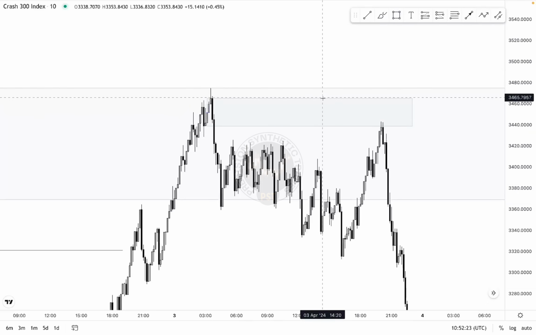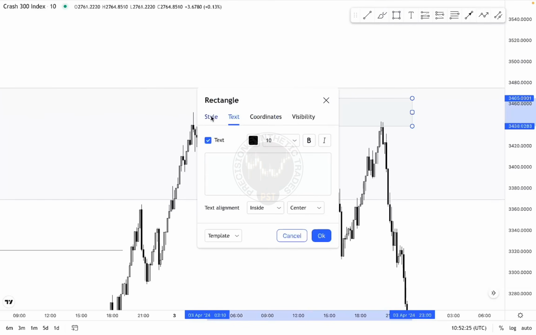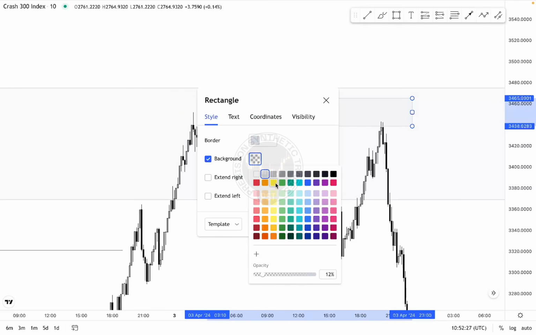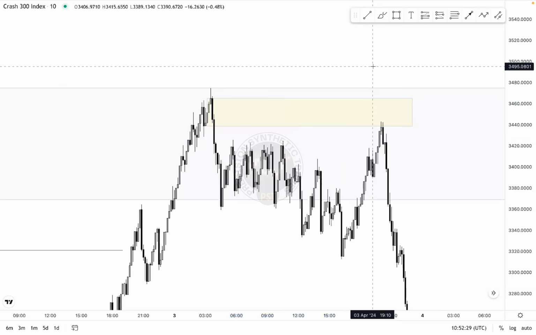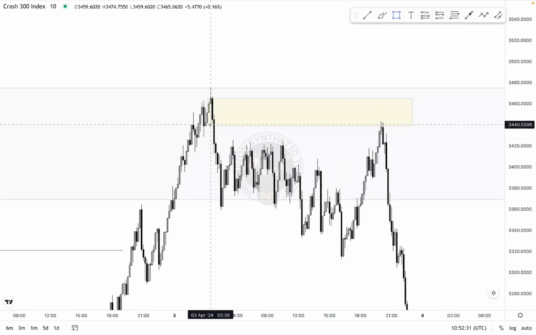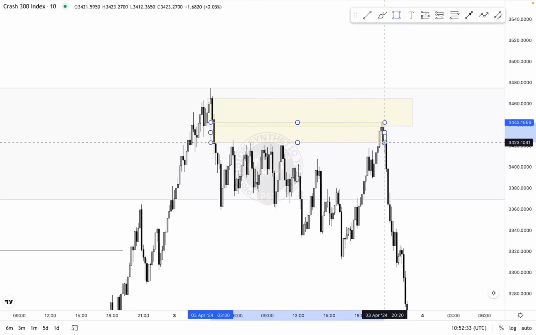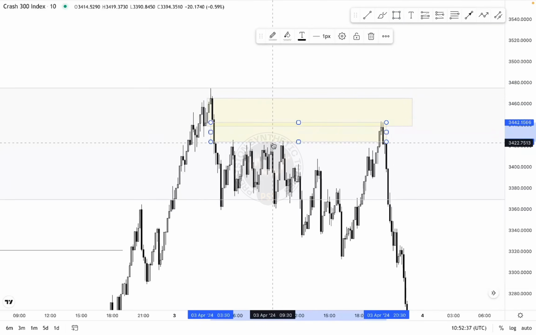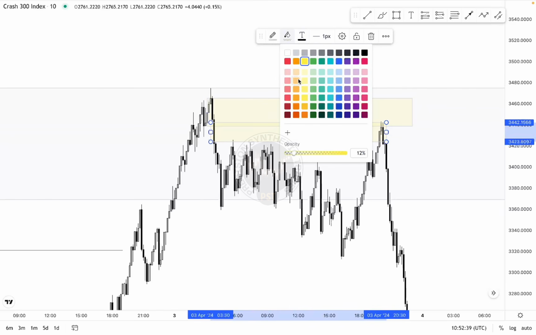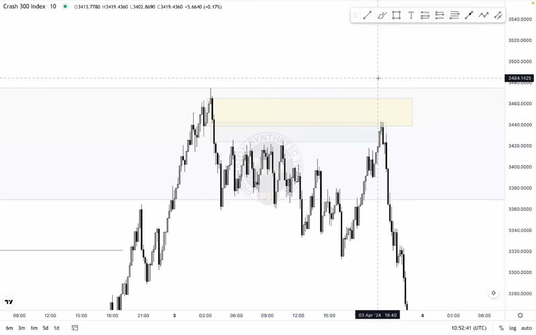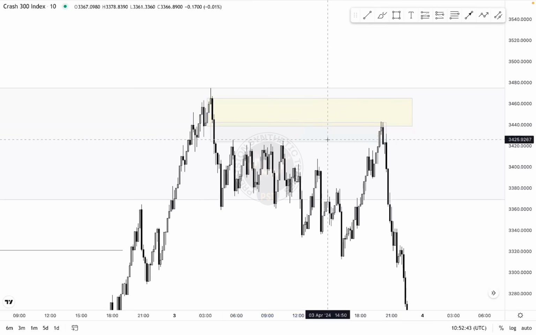Plus, let me just change this color quickly. So that's the order block. And we have our fair value gap there, where price actually reacted from a few times but never punched through. So we have an order block and we have a fair value gap.